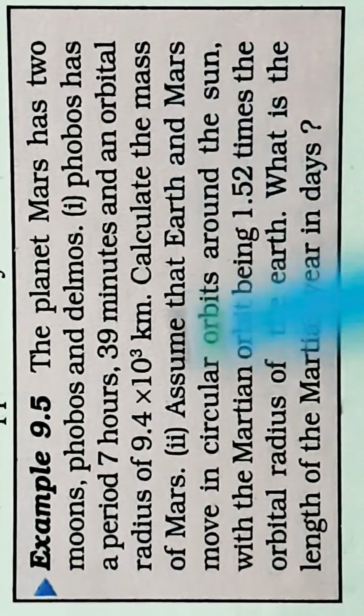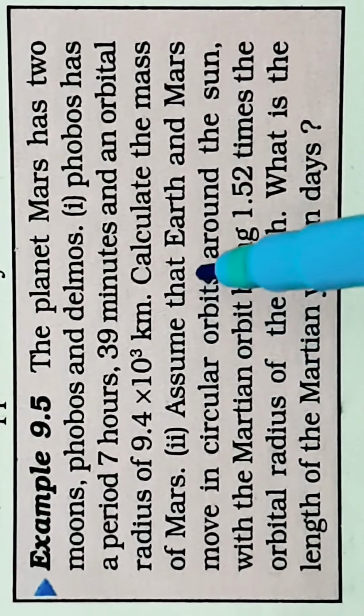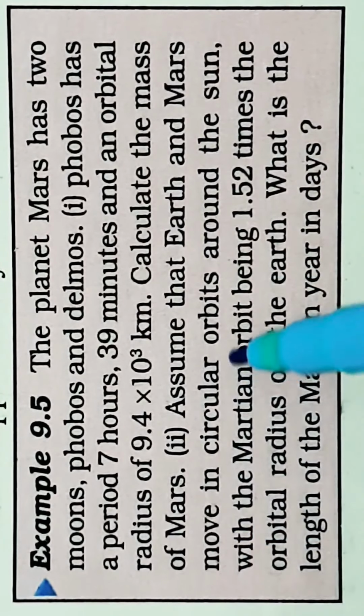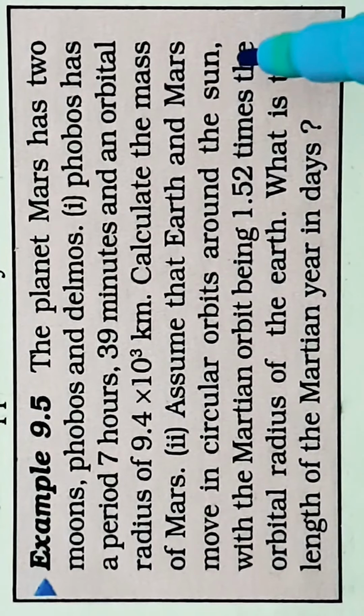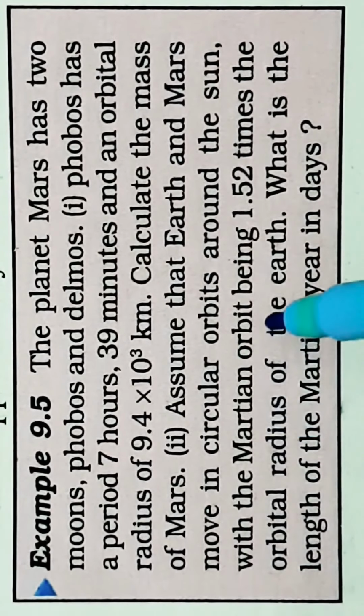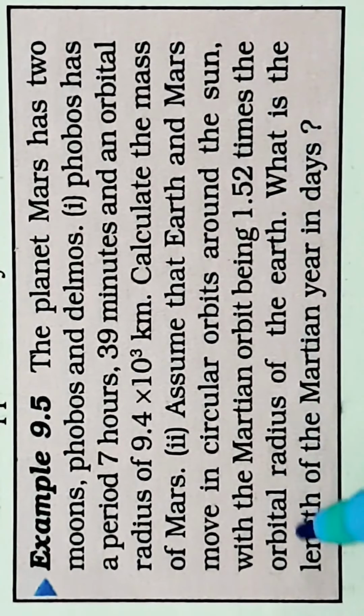Calculate the mass of Mars. Here second one: assume that Earth and Mars move in circular orbits around the Sun, with the Martian orbit being 1.52 times the orbital radius of the Earth. What is the length of the Martian year in days?